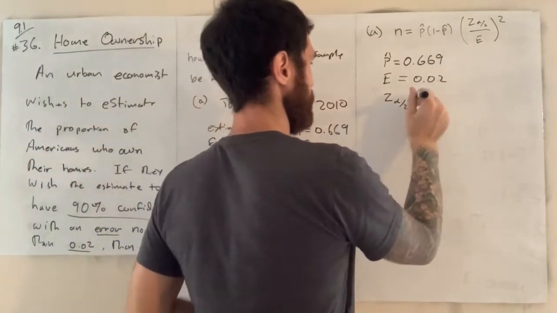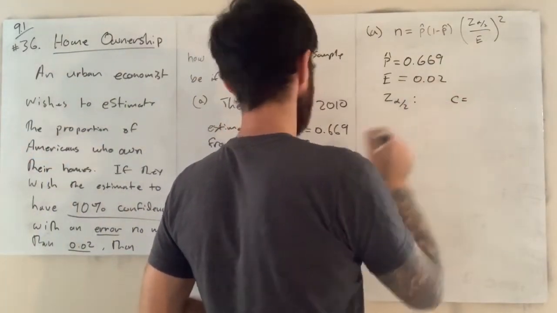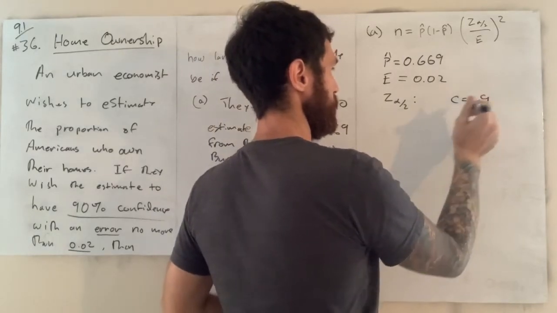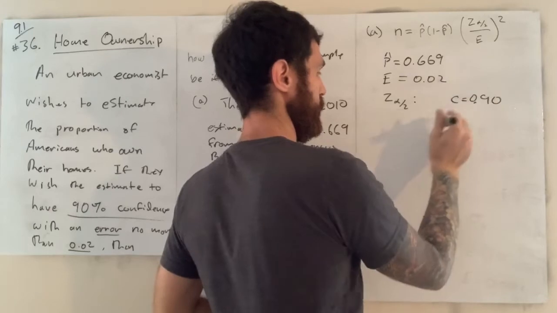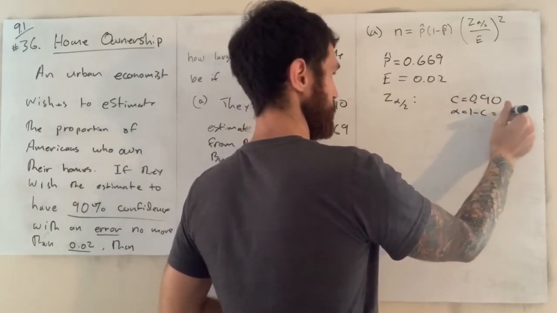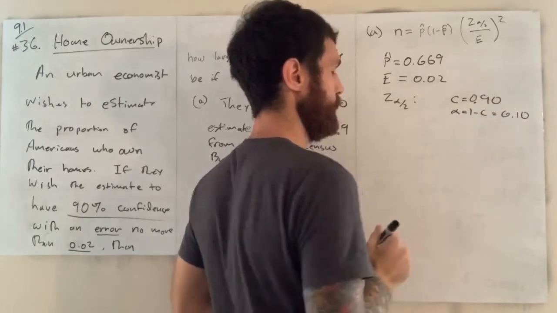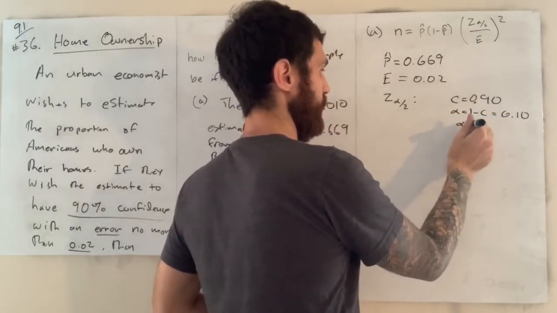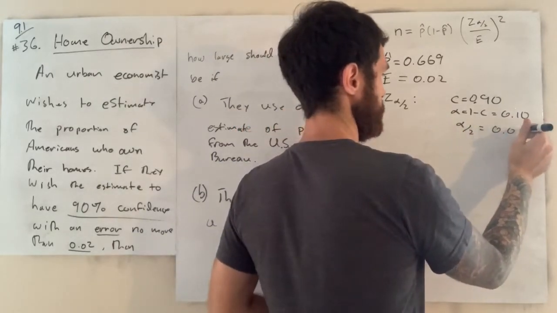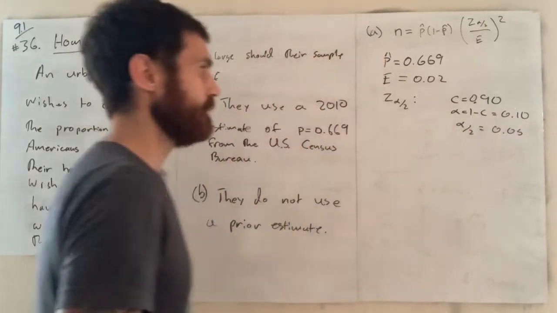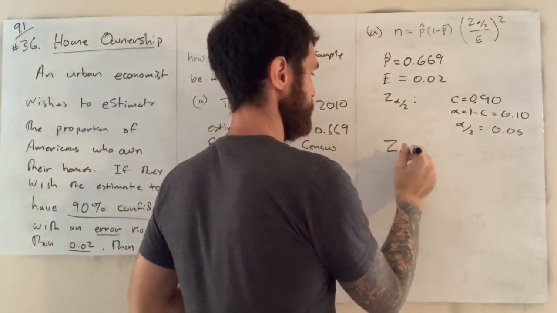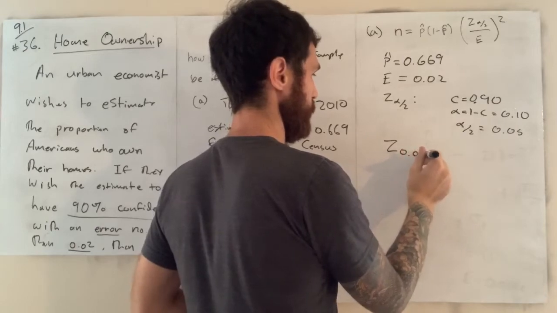We have to remember that our confidence we want to be 90%, so that's 0.90. And our alpha is just 1 minus c, so it's 0.10. Then our alpha over 2 is 0.05. And so what we're looking for is z sub 0.05.